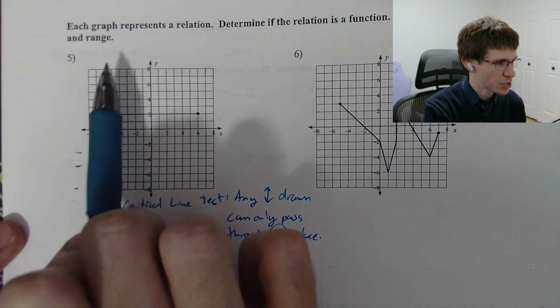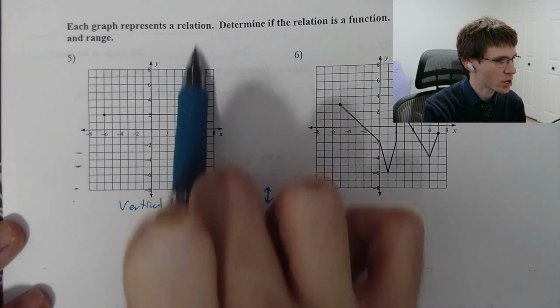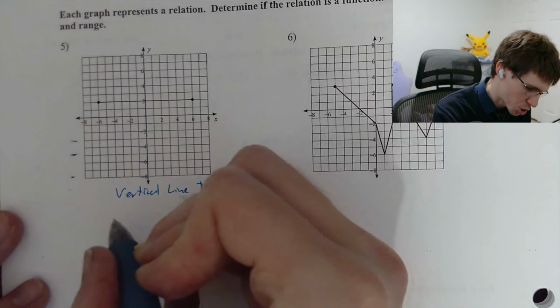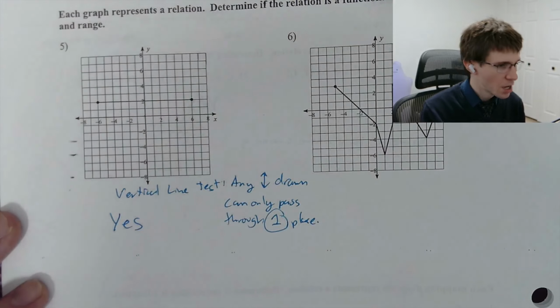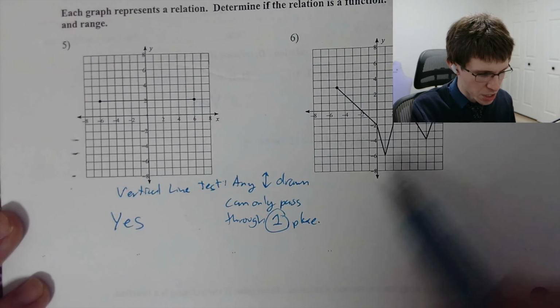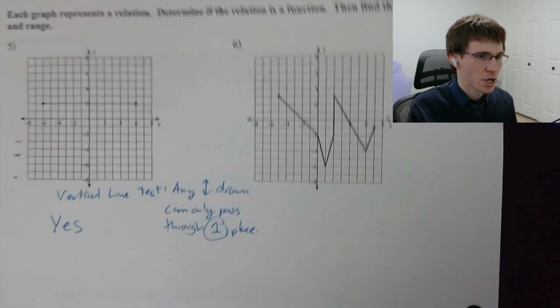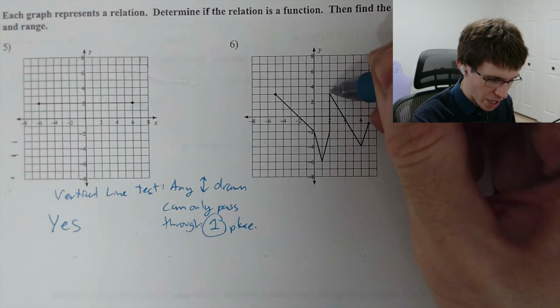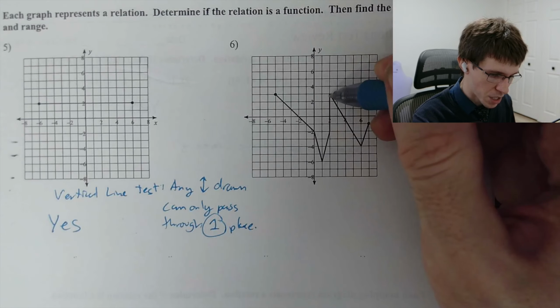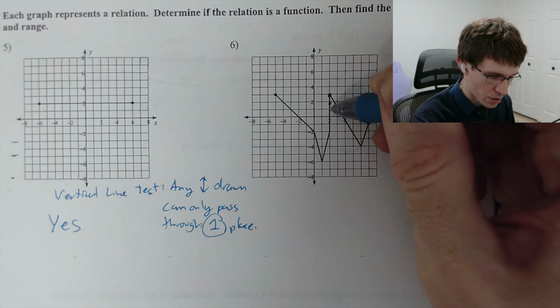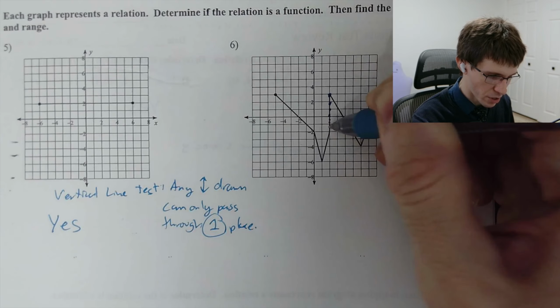So on this question, if I drew any vertical line anywhere, we are totally good to go. So my answer is just straight up yes right away. Please note on both numbers 6 and 7, hilarious, we're going to have a right away no, because here the vertical line drawn would fail over and over and over again.